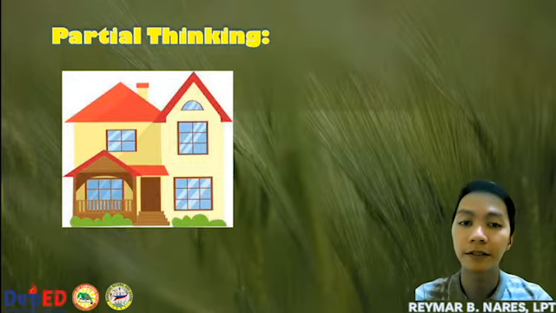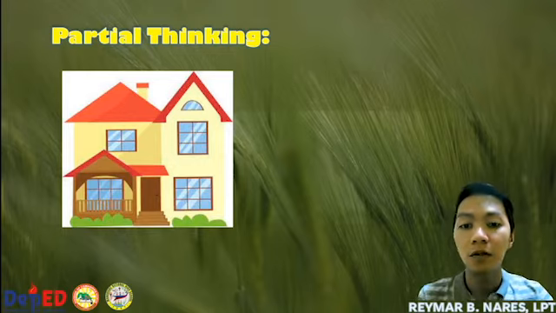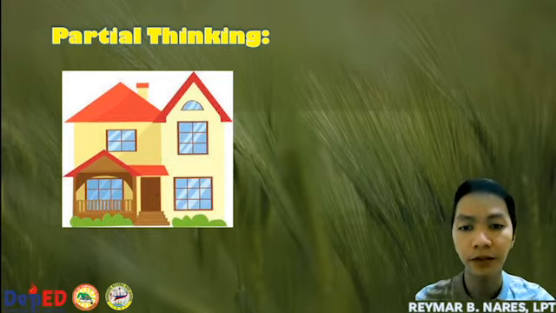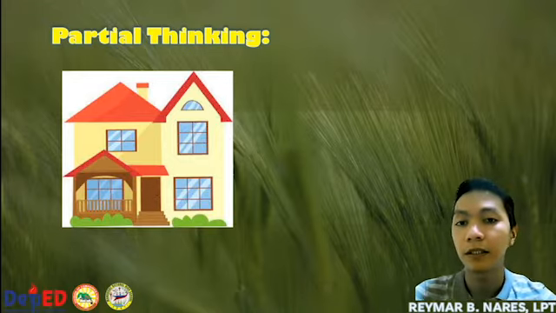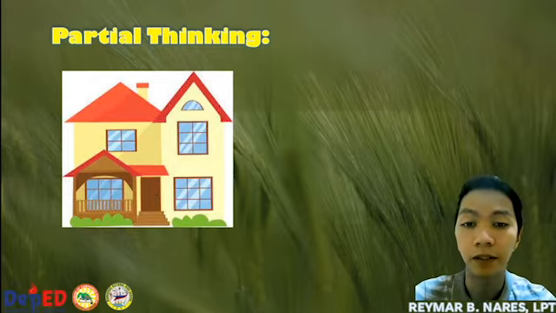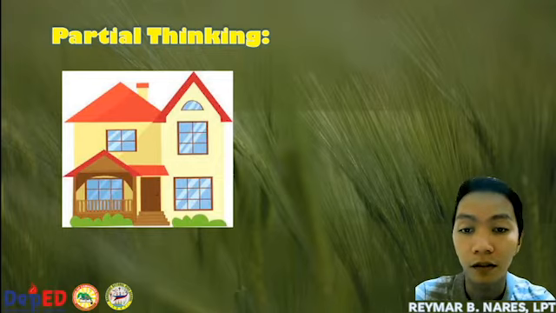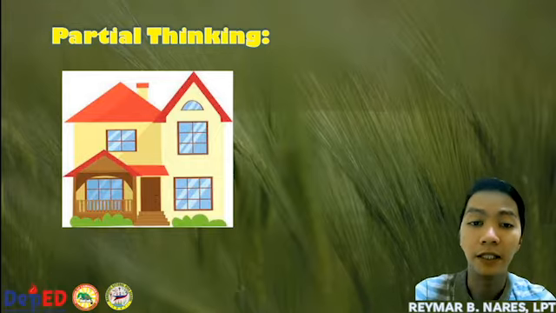Nakukuha ba natin, class? So, it is only limited to one thing or some parts only. Unlike holistic thinking, we see it as a whole. When we describe an elephant, masasabi mo yung specific parts niya that form parts of the elephant.